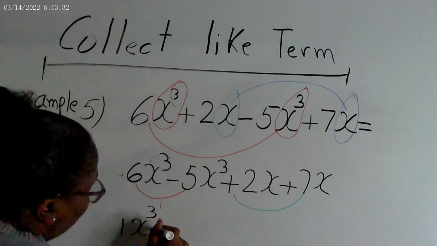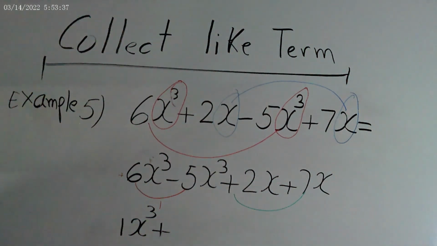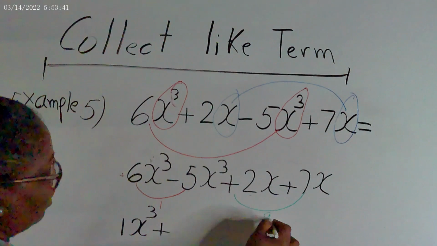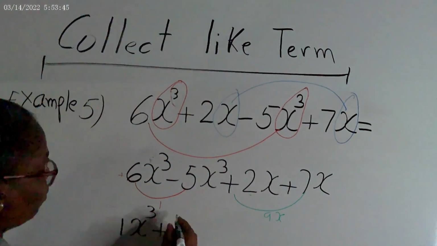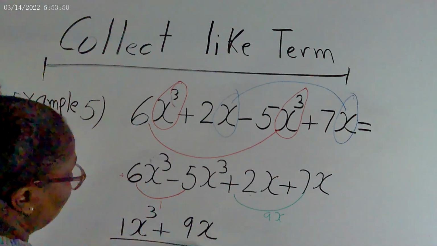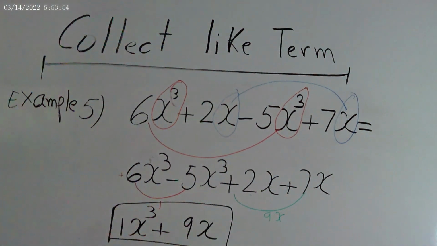So right here you have 2x plus 7x gives you 9x. And here you have 9x. That is the final answer. Okay?